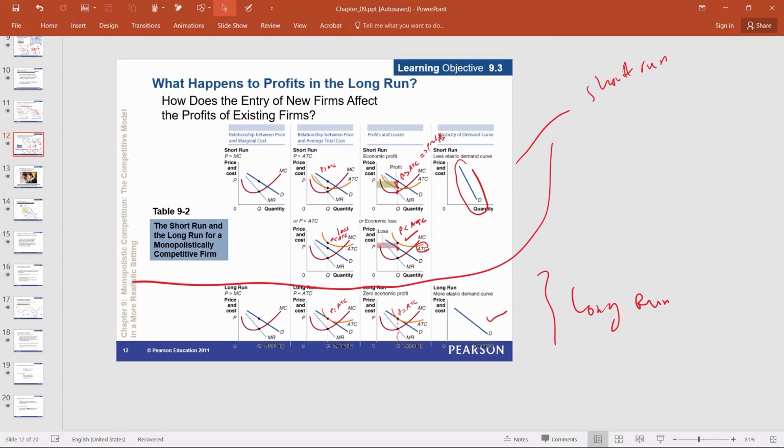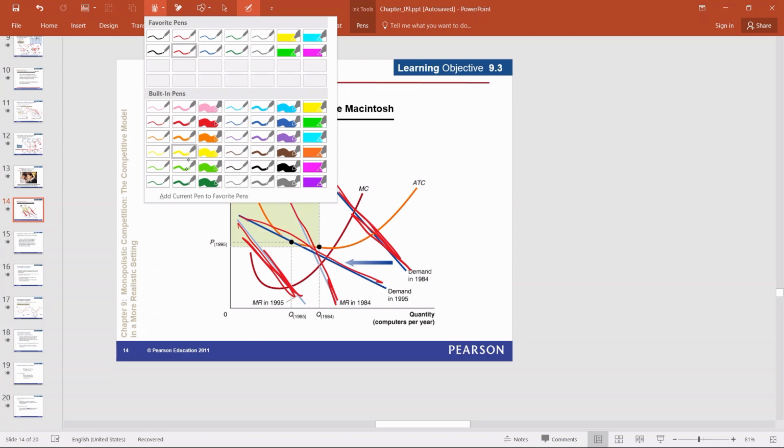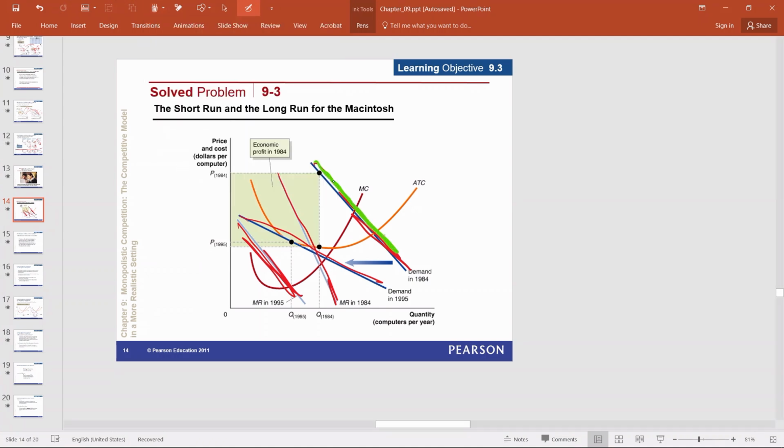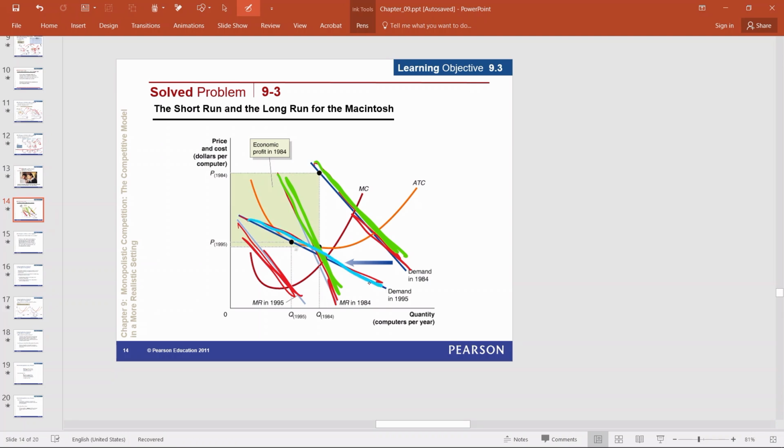Go to the next and the next. Here it is the same analysis that we have done. This is the demand and marginal cost in the short run, and this is the demand and marginal revenue in the long run. Again, this is the demand and marginal revenue in the short run, and this is demand and marginal revenue in the long run.